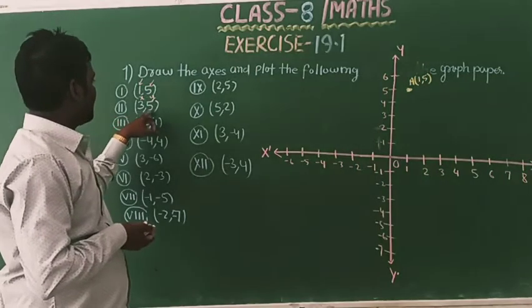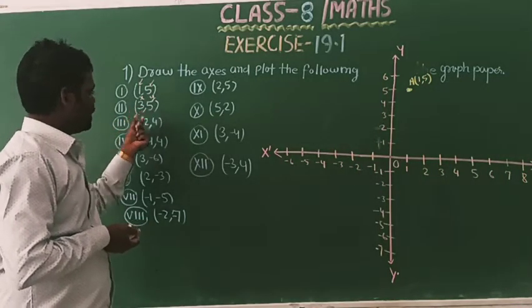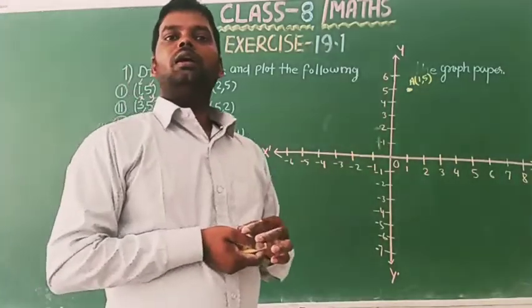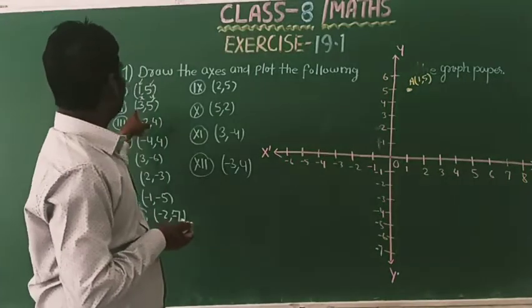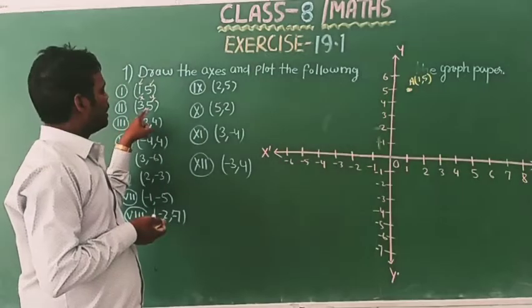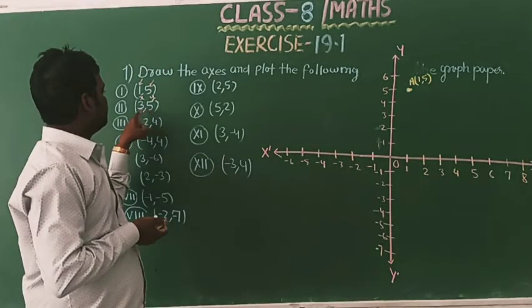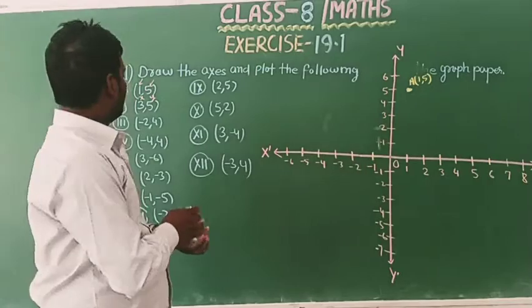This is 3 comma 5. The point 3 comma 5 lies in the first quadrant. Here the x coordinate is 3 and the y coordinate is 5.